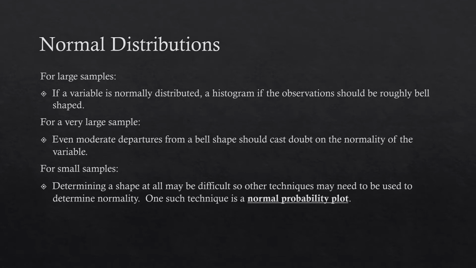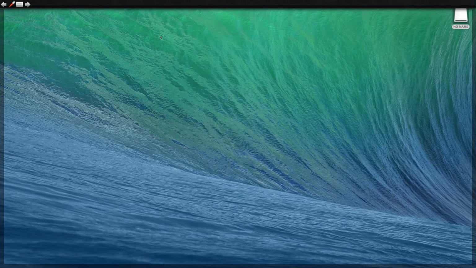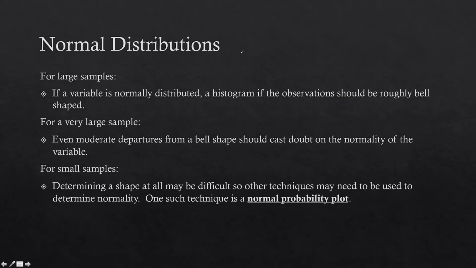So for normal distributions, if the variable is normally distributed, then a histogram of the observations should be good enough to tell you that.